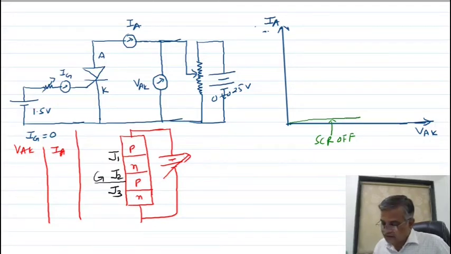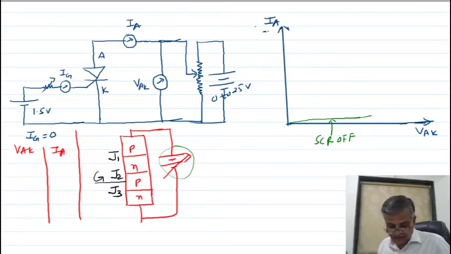Now when this voltage is more than the breakover voltage of this junction, then current suddenly increases, because you already know that in a reverse biased PN junction, when voltage is more than the breakover voltage, current passing through the PN junction increases suddenly, a sharp increase in current takes place.